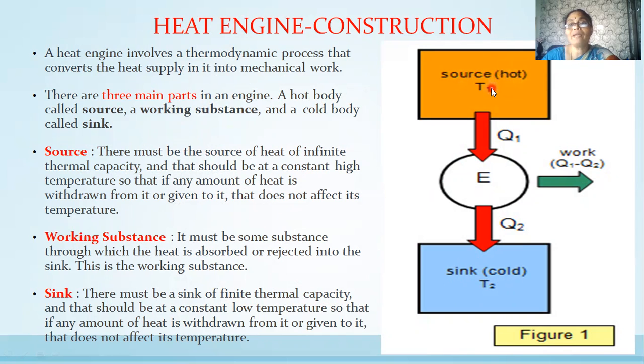It is always maintained at constant high temperature T1. The thermal capacity of the source is very, very high. That means even if any amount of heat is withdrawn from it or given to it, it does not affect its temperature. The temperature is always maintained at constant high temperature T1. So this is regarding the source.